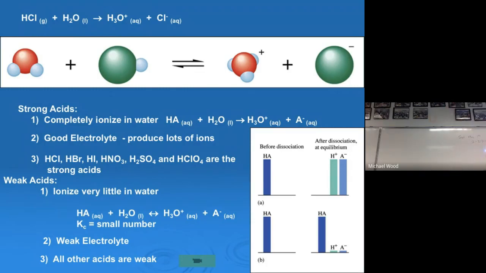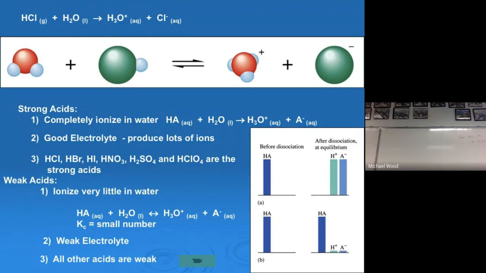So again, how I remember it. We got HCl, HBr, HI, three halogens. And then HNO3, nitric acid, which we have used in labs. Sulfuric acid, which again we have used in labs. And the one that's really the outlier is actually the strongest of all the acids. It's called perchloric acid, HClO4. So again, those you're going to have to remember.